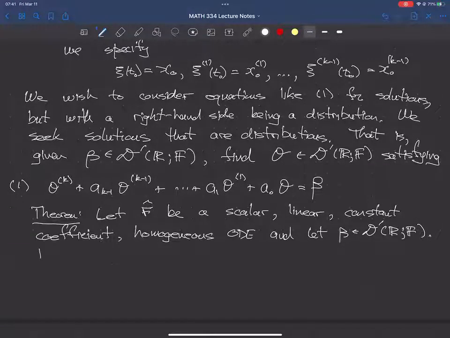So first, let's state conditions for the existence and uniqueness of solutions.